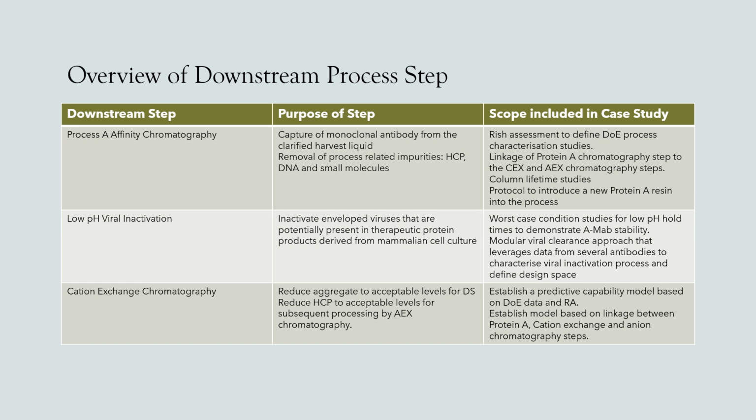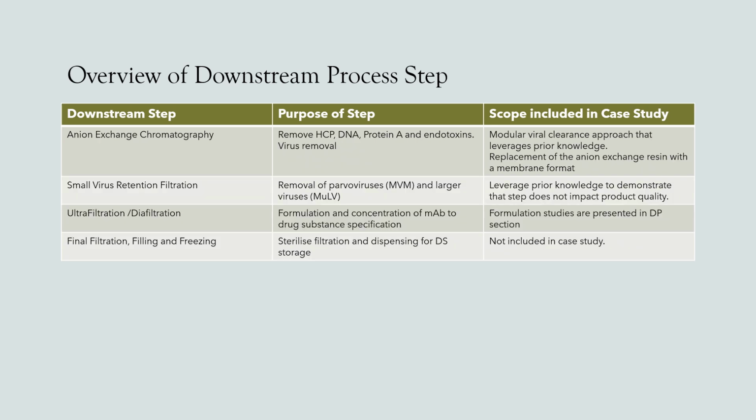So it's just a method of separating and purifying. Anion exchange, again, is separation based on charge. You remove host cell proteins, DNA, protein A, and endotoxins, and virus as well.